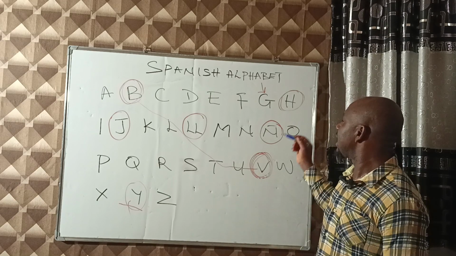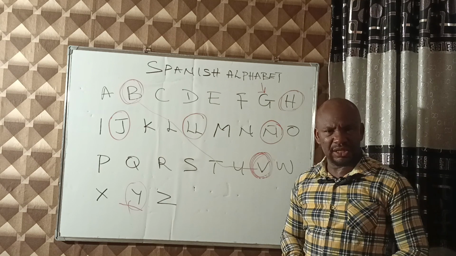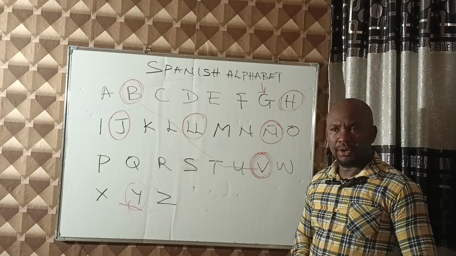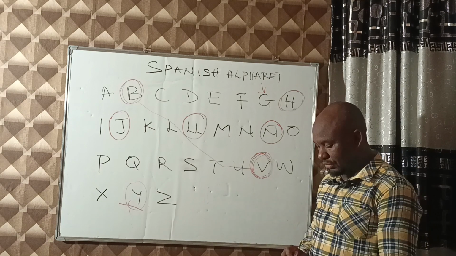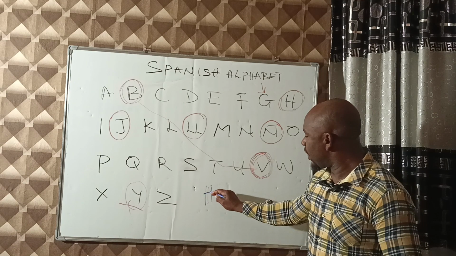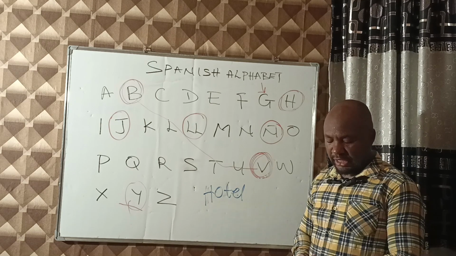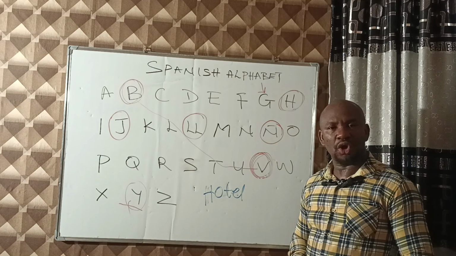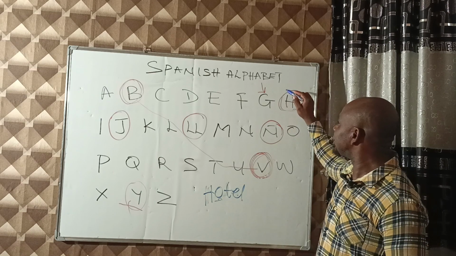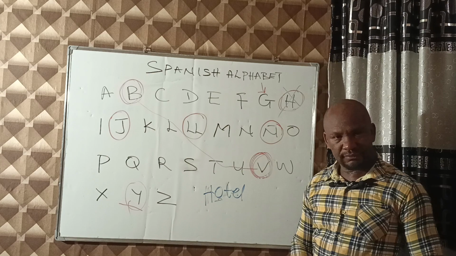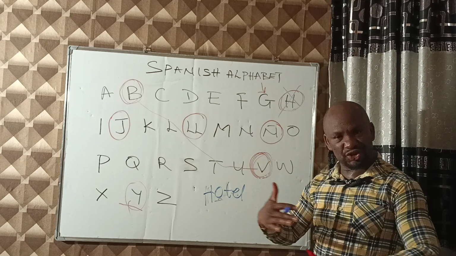Okay. The next thing is hache. Hache in real sense does not exist in Spanish. We have it just like you have the word hotel. Oh, my pen is mixing up. We have hotel. Now, in Spanish, you don't pronounce the H, you say otel. That means H in Spanish is silent. Isn't that beautiful? H in Spanish is silent.